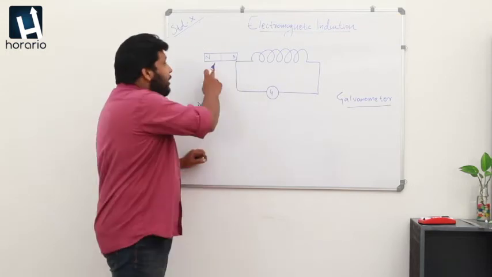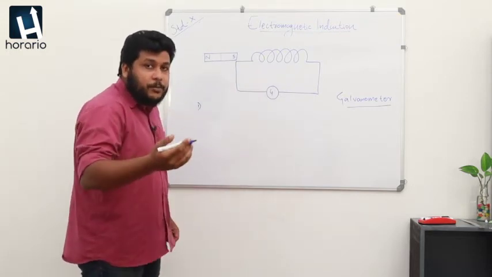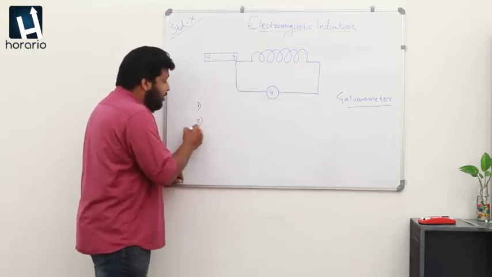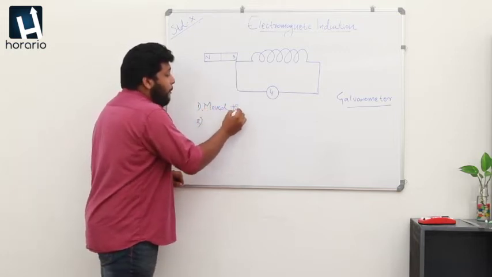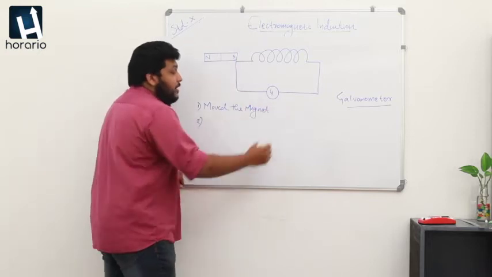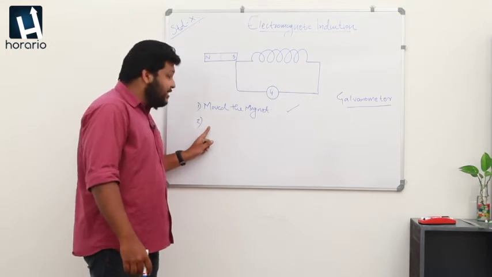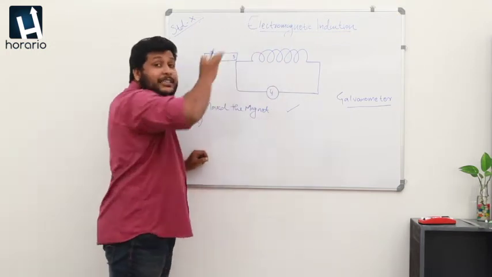So when the magnet passes through a solenoid, it leads to the formation of a small amount of current.